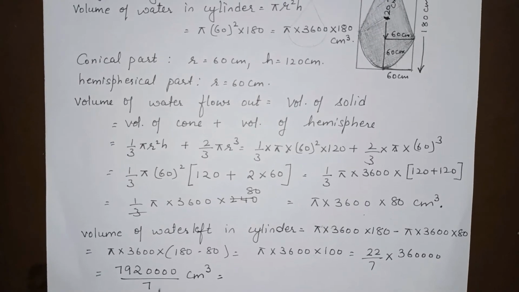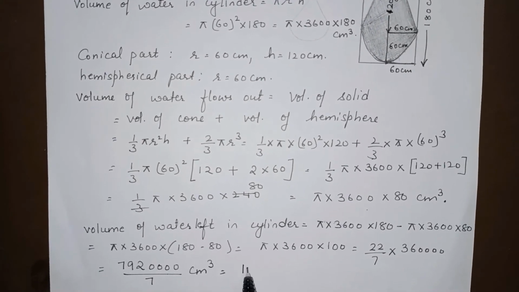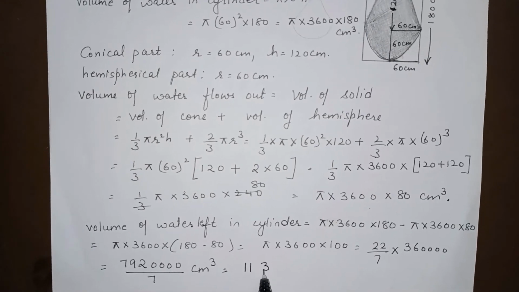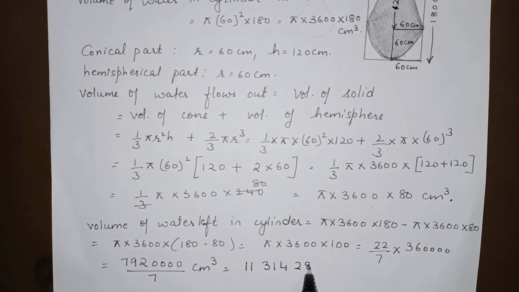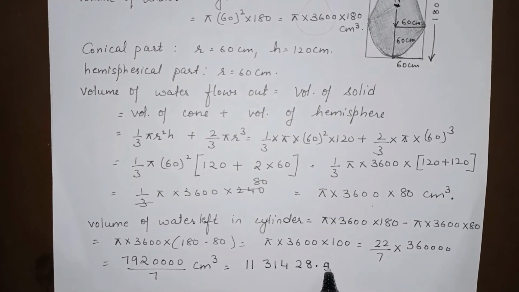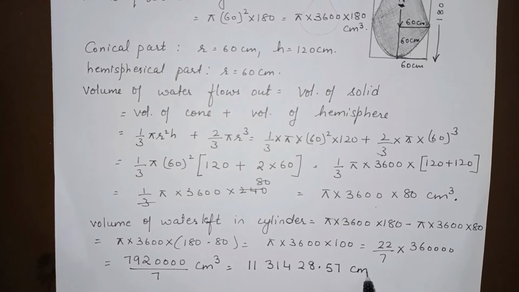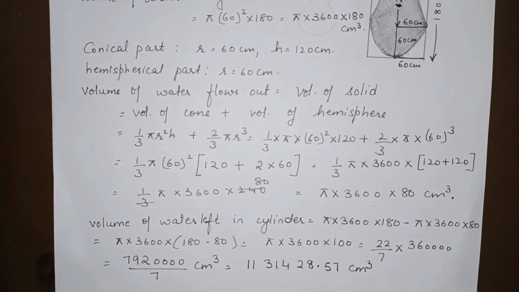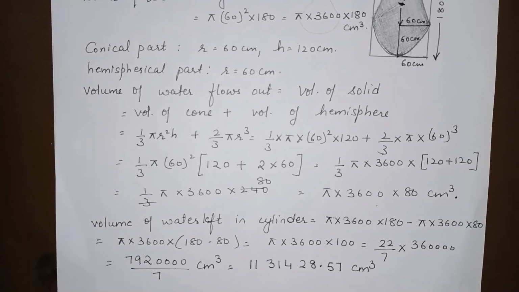So when these two are divided, we will get approximately 1131428.57 centimeter cube, right? So this is the volume of water left in the cylinder.